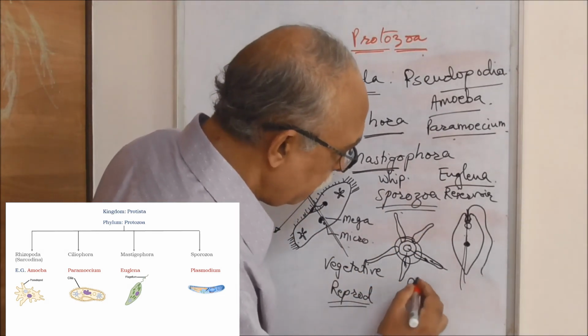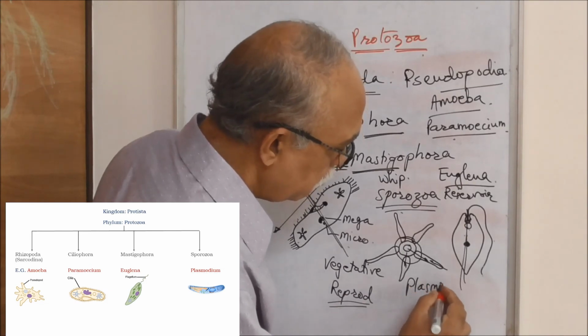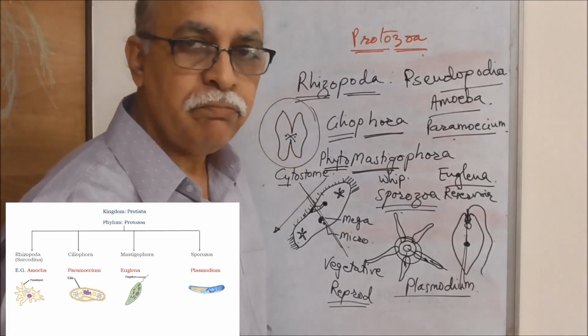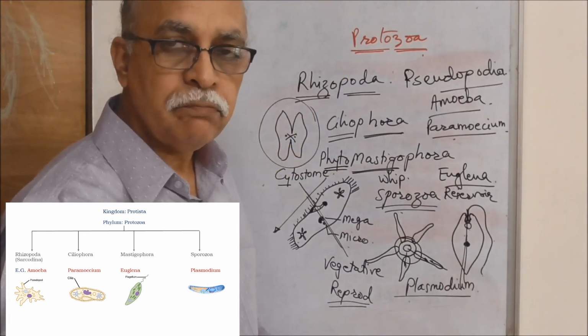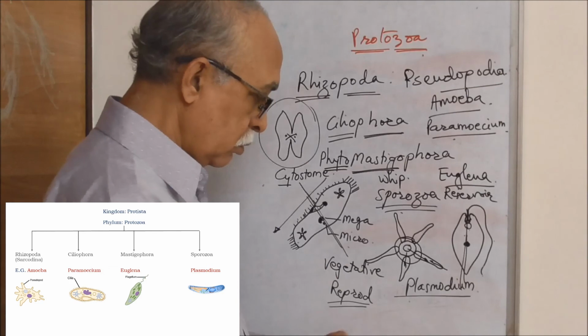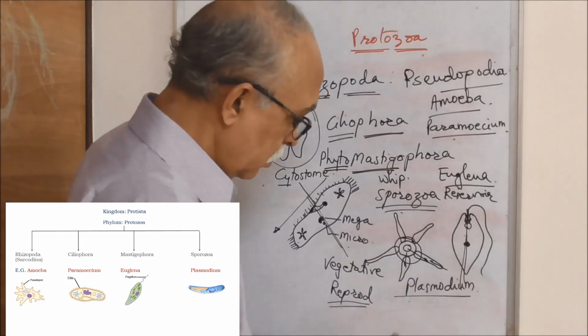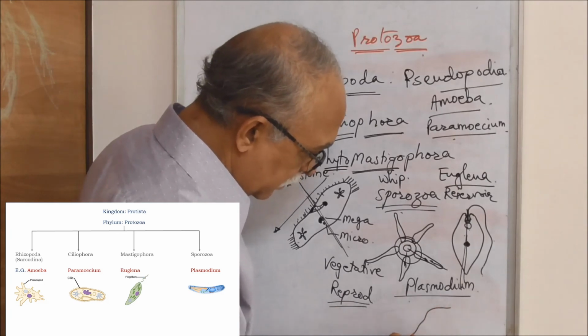Example could be Plasmodium, a malarial parasite. Different stages are there. A sporozoite stage could be something like this.